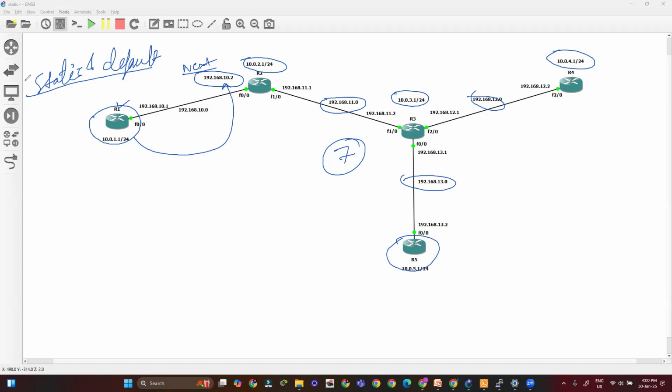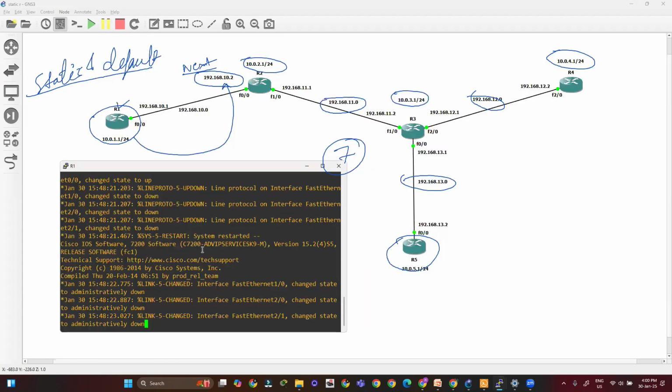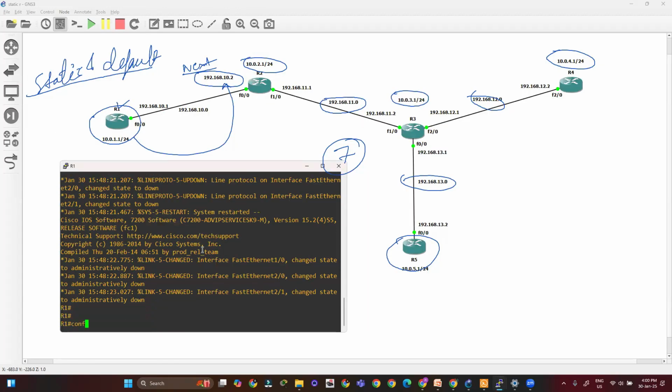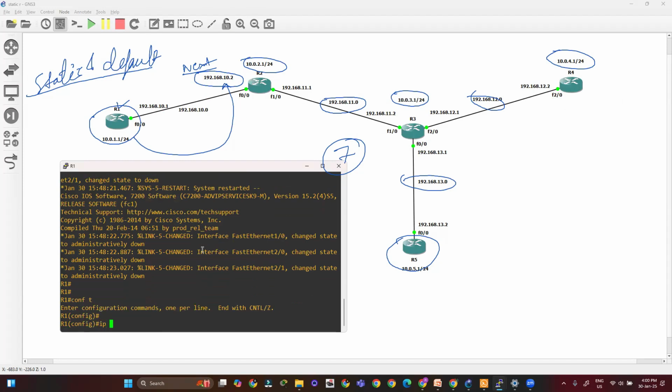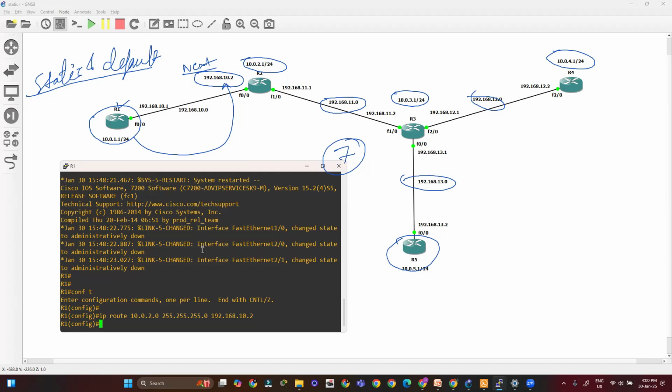So how can you configure the static route? Let's start with router number one. Configure terminal, then ip route. Then you define the indirectly connected network, like 10.0.2.0, the subnet mask 255.255.255.0, and the next hop address 192.168.10.2.